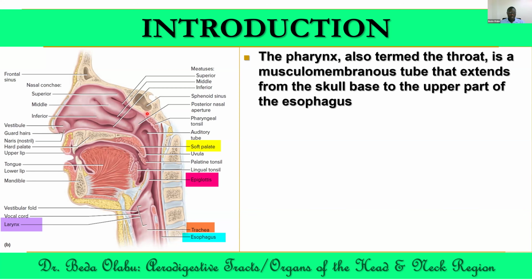This is the skull base related to the sphenoid bone, as well as the clivus or the basilar occipital bone there. And down here, this is the cricoid cartilage, which marks the end of the pharynx and the beginning of the esophagus.